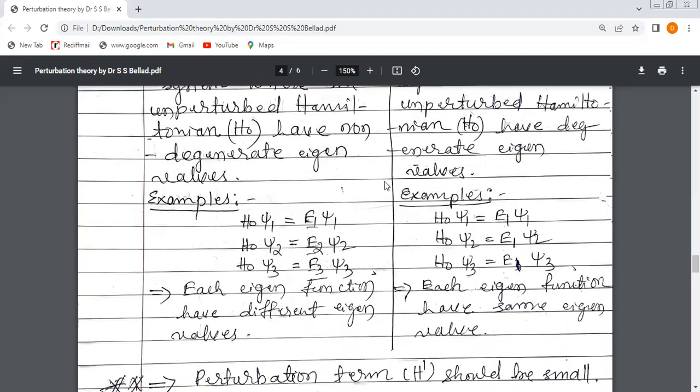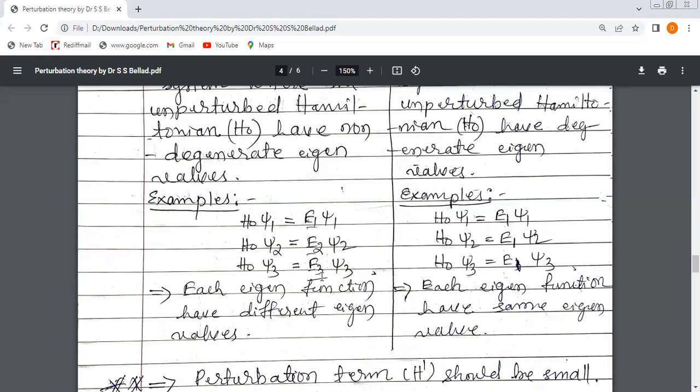Here we have written the Schrodinger wave equation for the time independent case. Three examples are there. H naught psi 1 is equal to E1 psi 1. H naught psi 2 is equal to E2 psi 2. H naught psi 3 is equal to E3 psi 3. So this is the Hamiltonian H naught of the unperturbed system, and psi 1, psi 2, psi 3 are the eigenwave functions, and E1, E2, E3 are the eigenvalues.